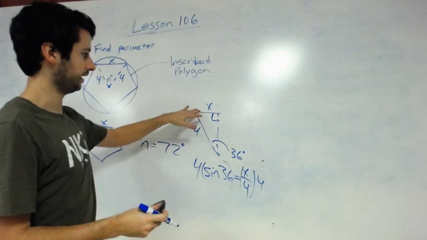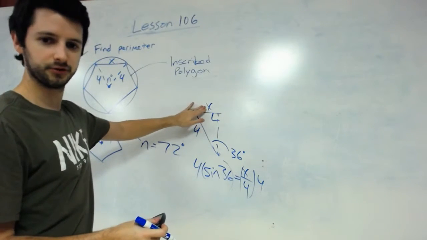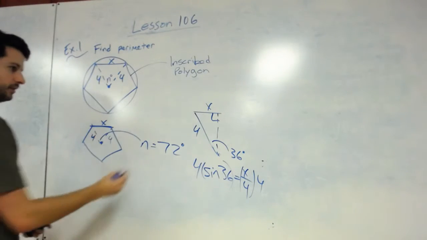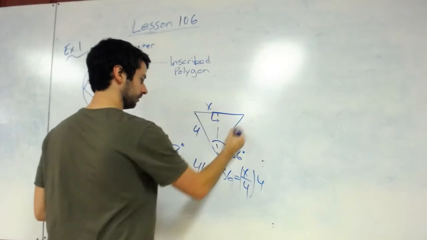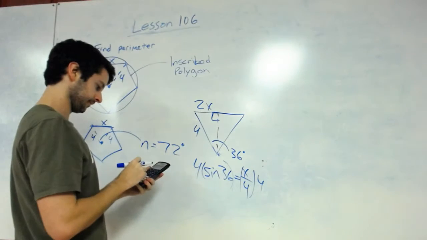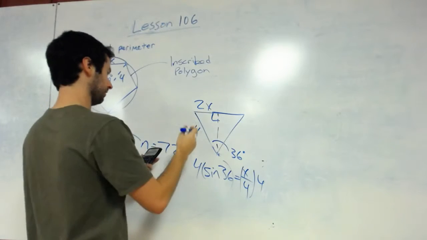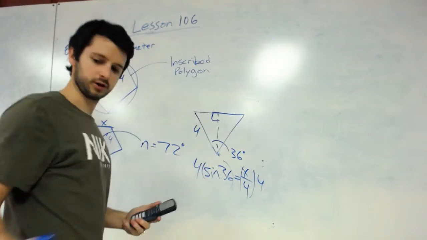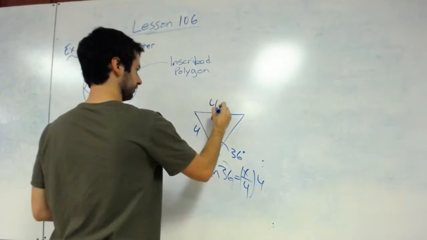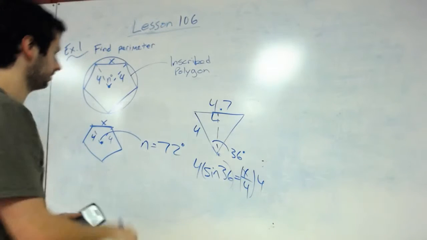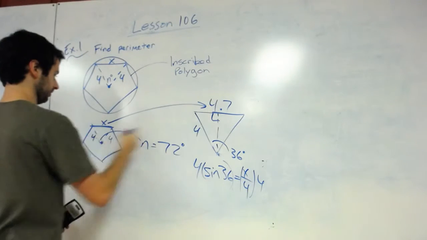Now that's only half of x, so we need to multiply that by 2 to get the whole side length, because remember it came all the way out here. So we multiply by 2, and we get roughly 4.7. That would be one side length of the pentagon.